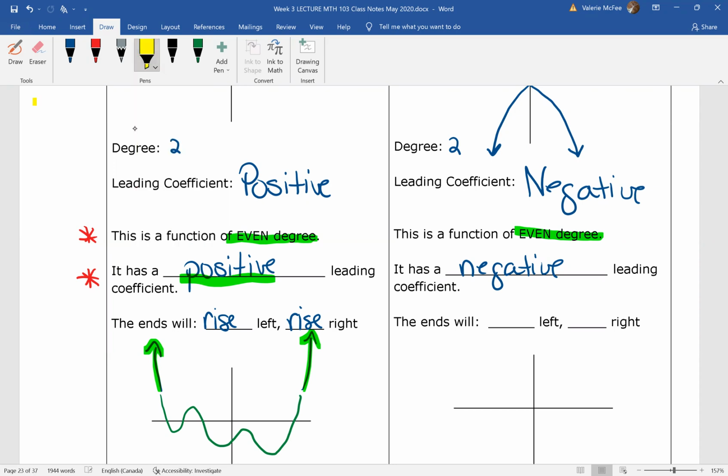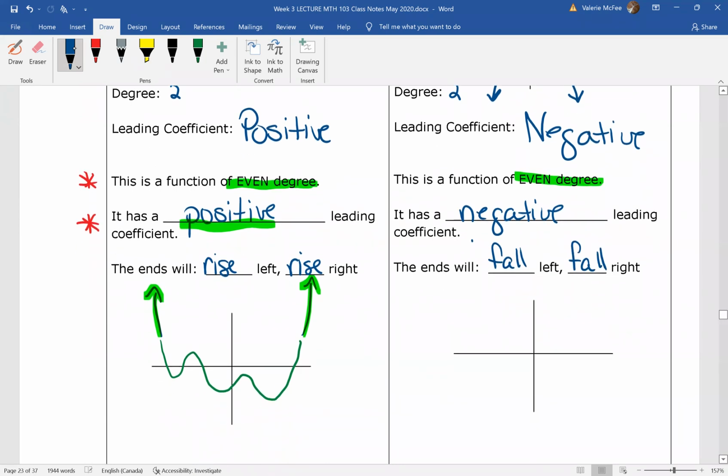So what happens if we have an even degree with a negative leading coefficient? Well, you'll notice that both ends are falling. This will always be true when you have a function of even degree with a negative leading coefficient.